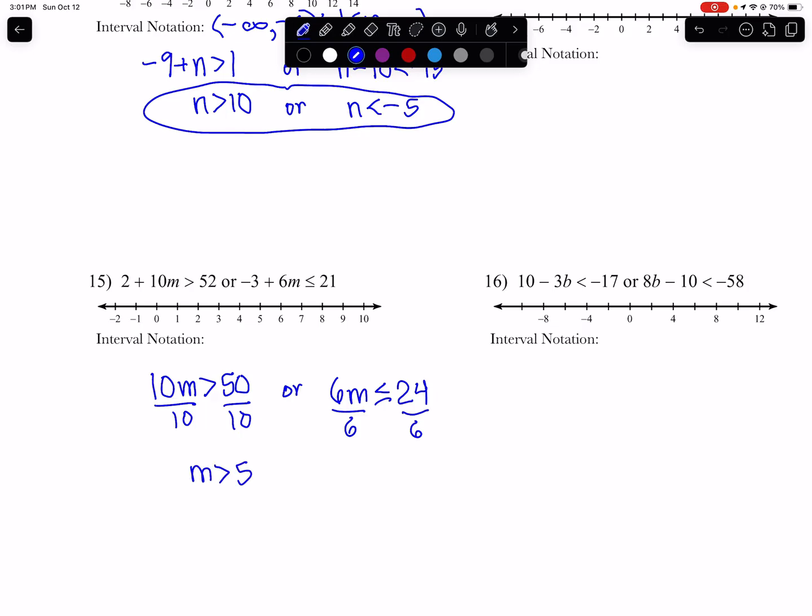So we get this. So I'm going to put a solid dot at 4, open dot at 5. m is bigger than 5, so I'm going to shade this way. Or we also have solutions when m is less than or equal to 4.